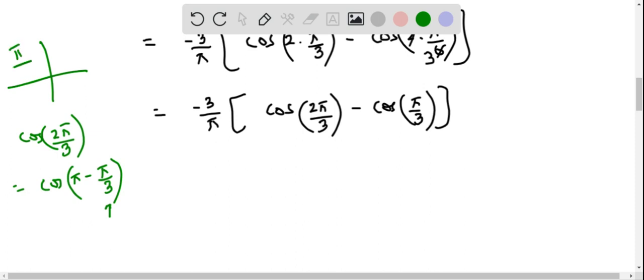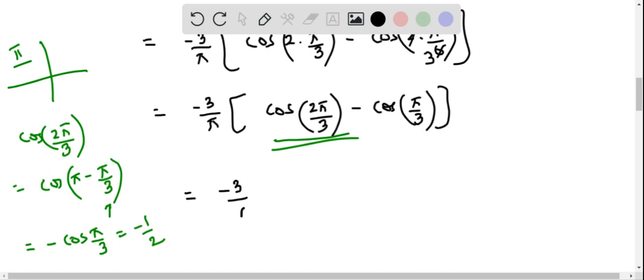In the second quadrant, cos is negative. So we say negative of cos of this reference angle, that is pi by 3. And we know that cos pi by 3, which we convert to degrees, is cos of 60 degrees. Cos 60 degrees is half. So this becomes negative half. So the value of cos of 2 pi by 3 is negative half, which we will substitute here.